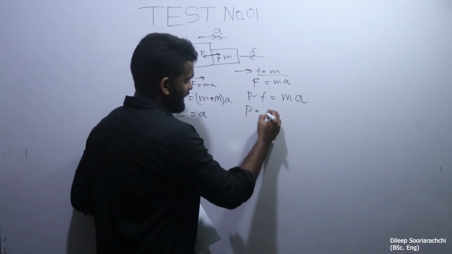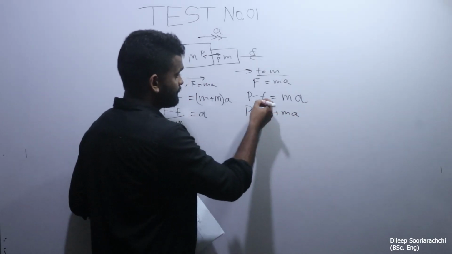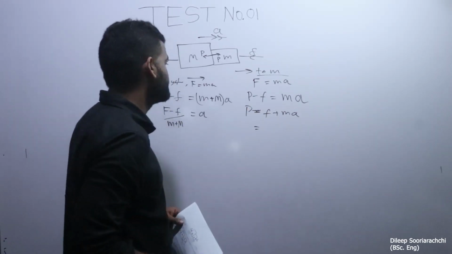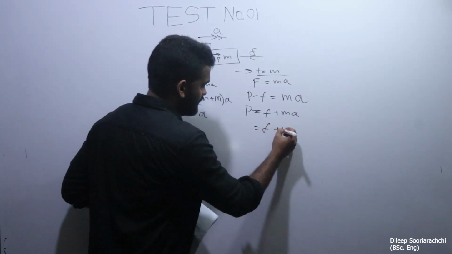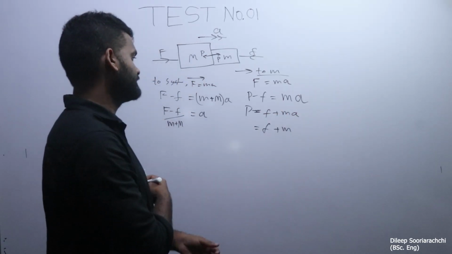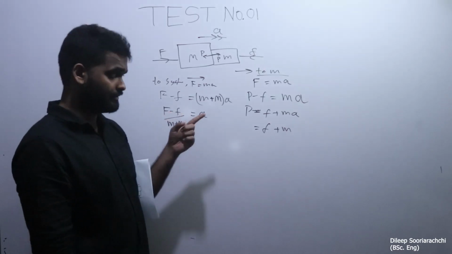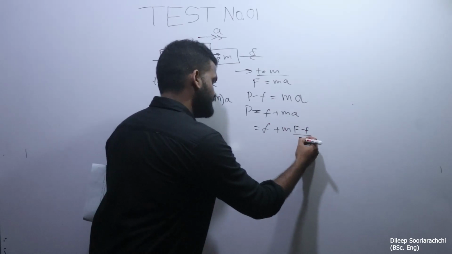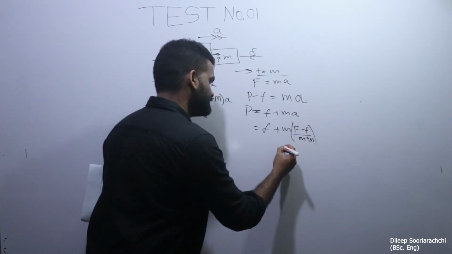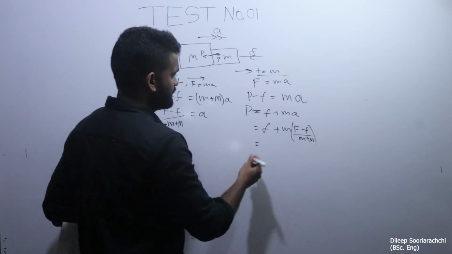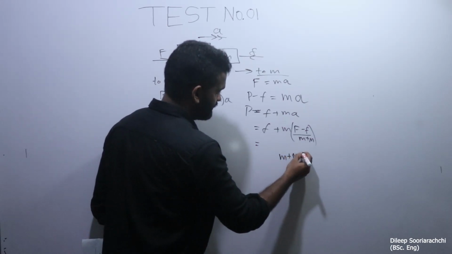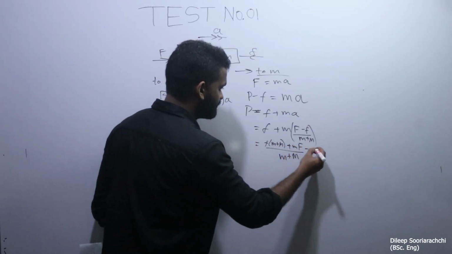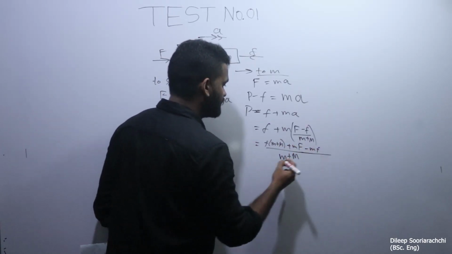So P is equal to f plus simple ma. What you need to find is P. Then just substitute this simple a there. F minus simple f divided by simple m plus capital M. The common denominator is simple m plus capital M. Just multiply that, and you get simple m capital F minus m simple f.